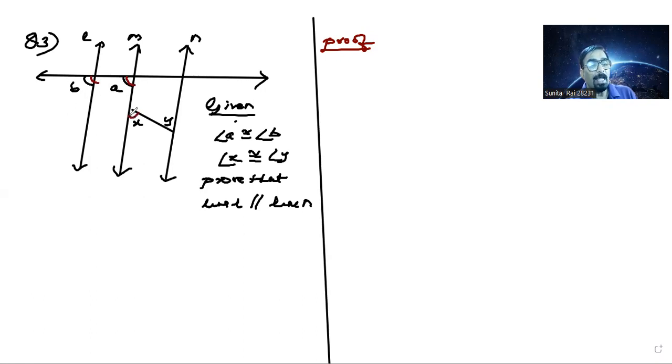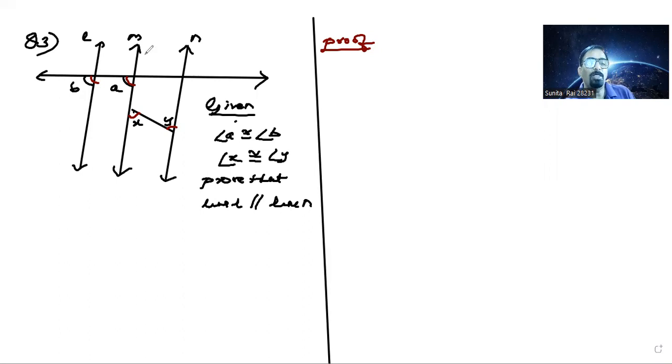In the same way, they are saying angle X is congruent to angle Y, and they want L parallel M. So I told you, children, sometimes they say geometry is the easiest subject. Why? The given information is the bigger thing. If you have concepts and understand the given information, the sum is solved by you. Very easy.